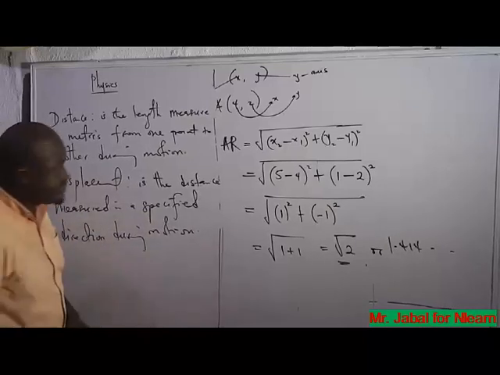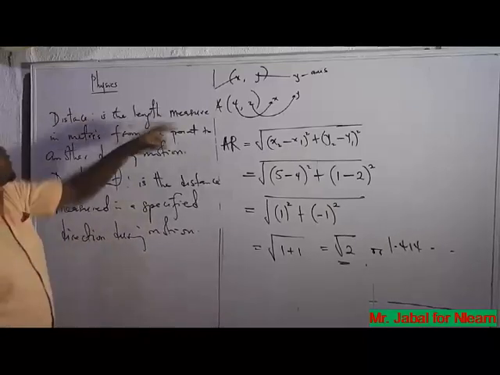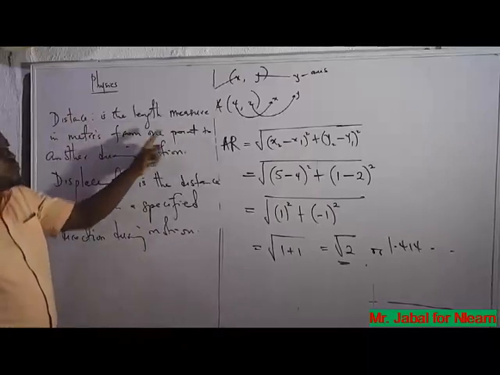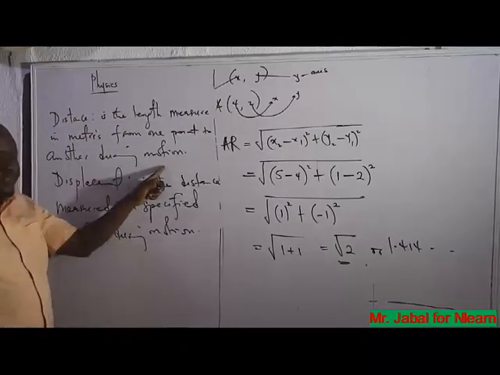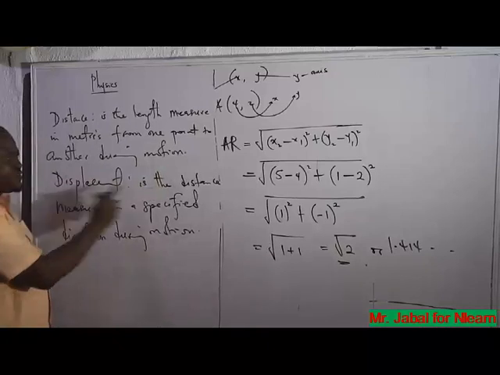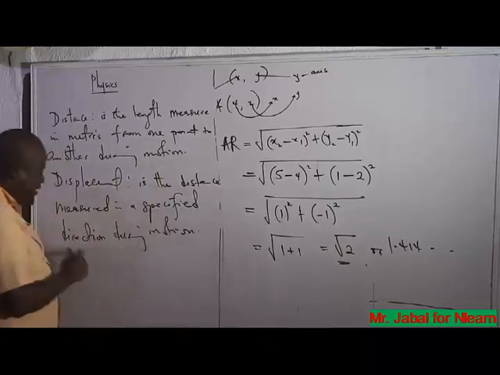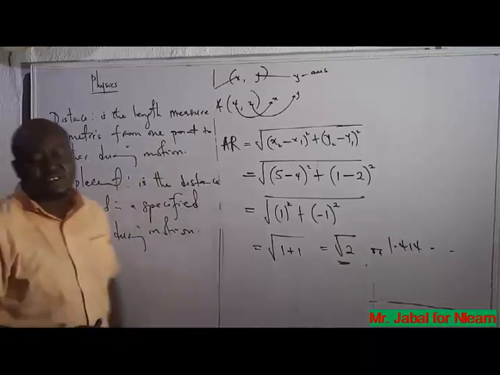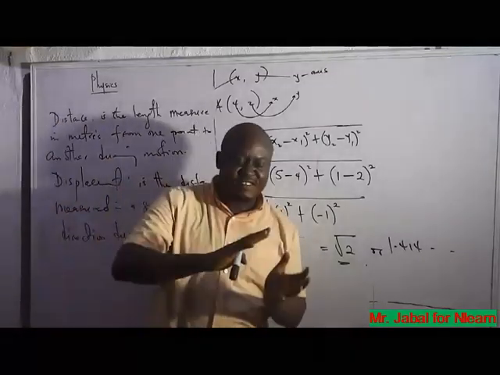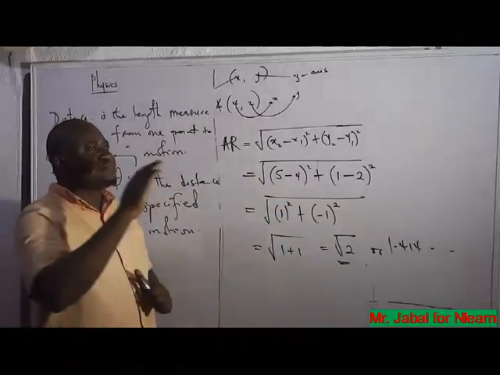So the difference is, distance is the length measured in meters from one point to another during motion. Displacement is the distance measured in a specified direction during motion. This is the difference between distance and displacement.